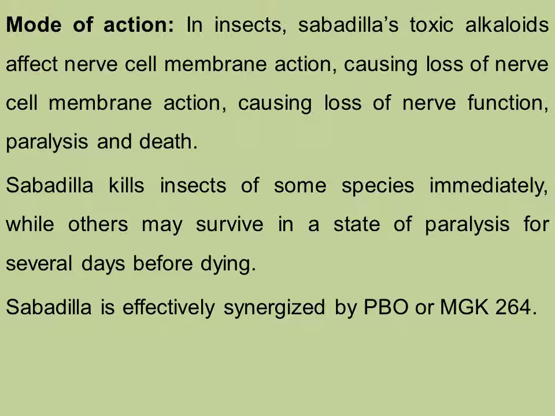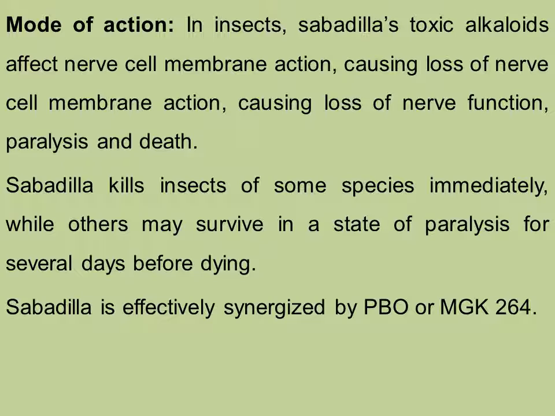Today, I will be discussing another chemical, that is Sabidilla, which is used as a chemical to control or to manage insect pests. Now, these toxicants are derived from seeds of a number of liliaceae plants, the common one being Schoenocaulon officinale, that is lily.